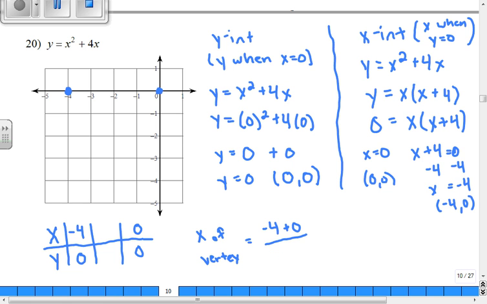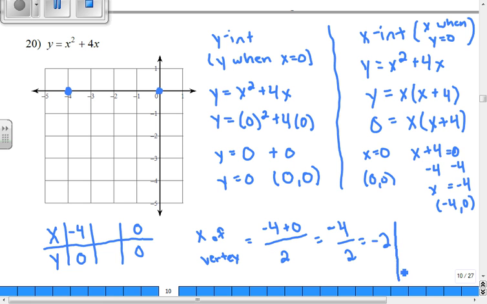And there's 2 points there, so we're going to divide that number by 2. So -4 plus 0 is -4. Divide that by 2 gives me -2. So my x-coordinate of my vertex is going to be -2.